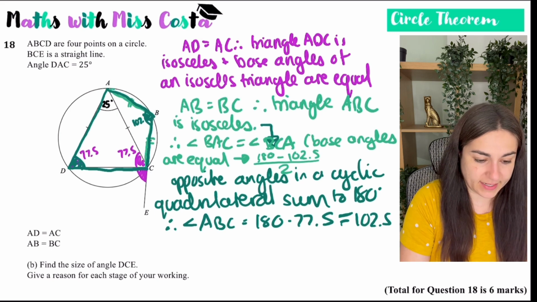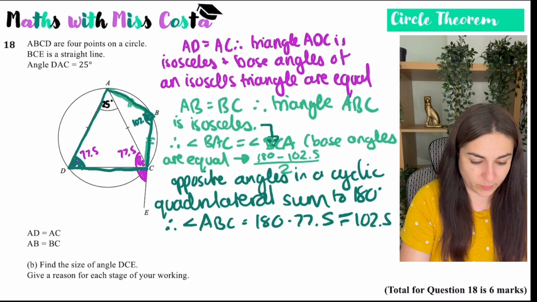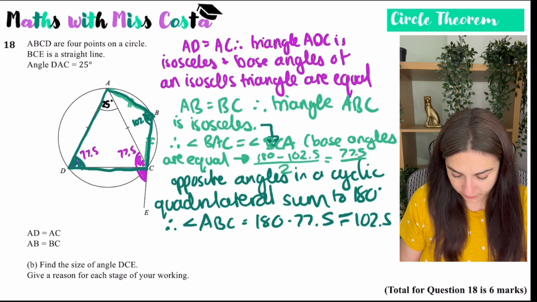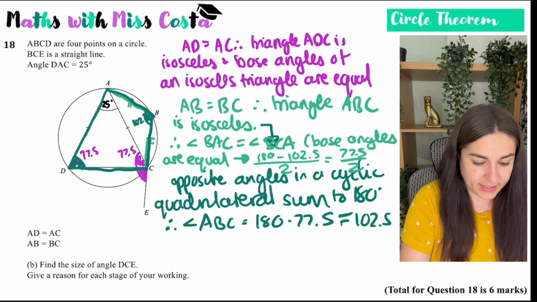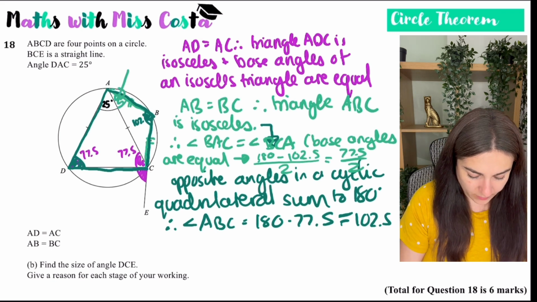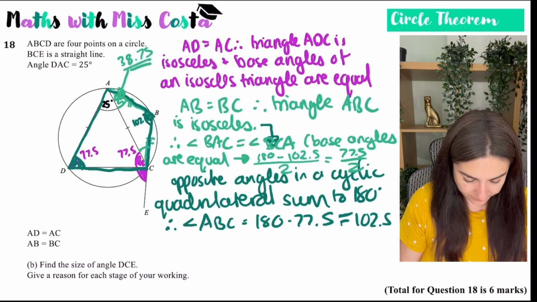So 180 take away 102.5 leaves me with 77.5 over 2, which is 38.75. So these two angles are 38.75.